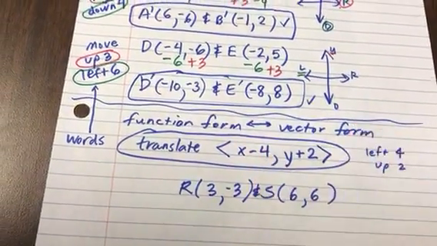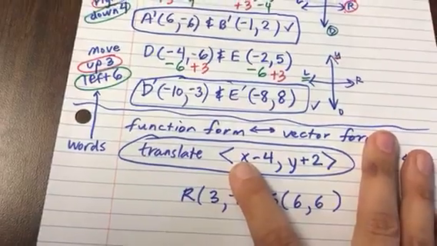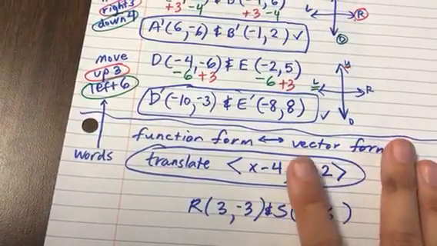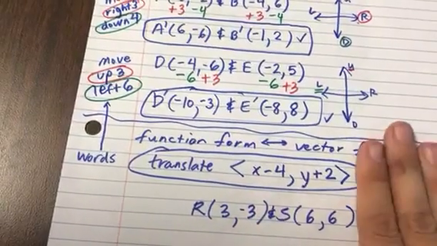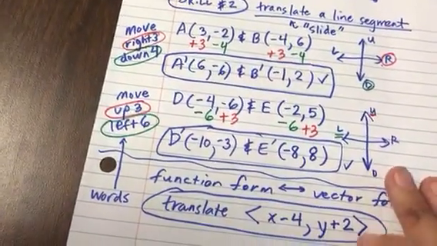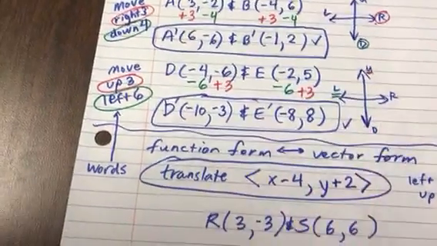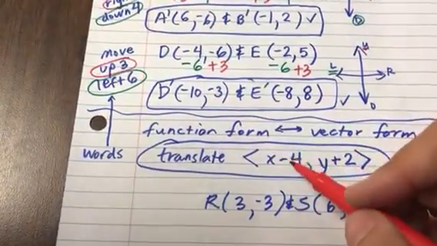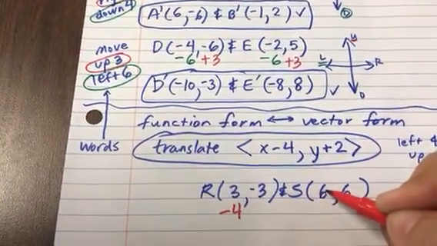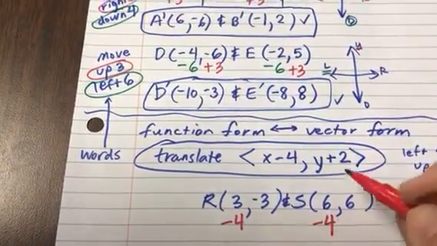They tell me exactly what to do. They said any x value you have, subtract 4. Well, we know that means left 4, but I didn't even need the words because they told me to do it only to the x values. So that's exactly what I'm going to do. Since that's an x value, I'm going to subtract 4. And since this is an x value, I'm going to subtract 4.